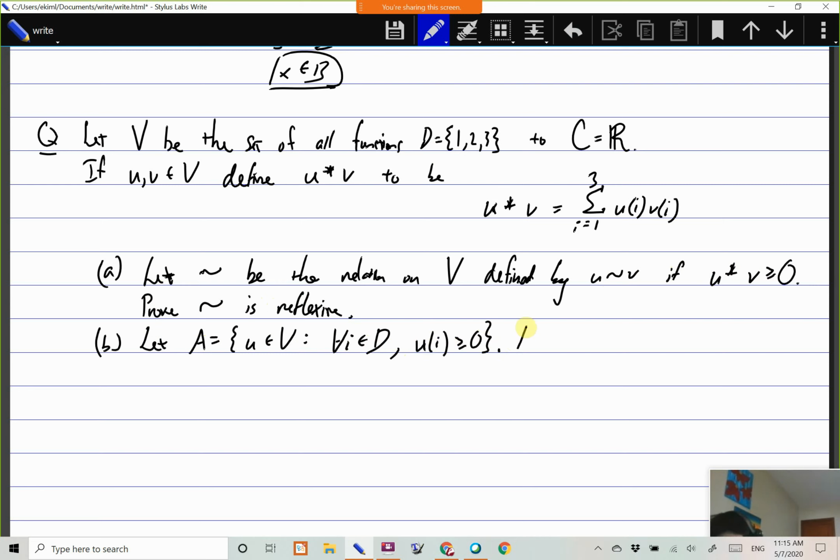And we're also going to define, let capital B equal the set of all v in capital V, satisfying for all w in capital A, v tilde w. So that tilde is the one that was defined in the previous part. And then part B is to prove that A is equal to B.